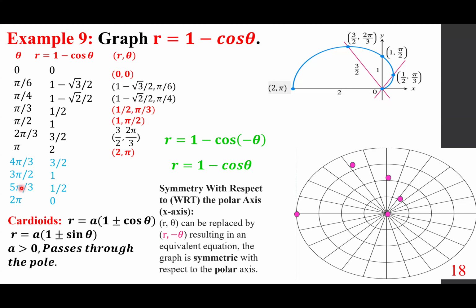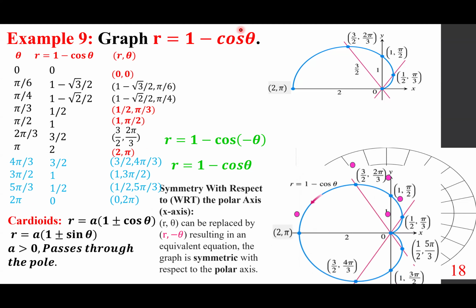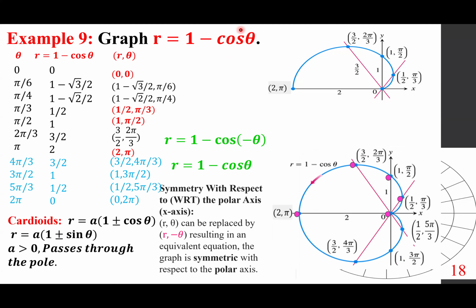So that you have 5 pi over 3 gives you positive 1/2. 1 minus positive 1/2 is 1/2. 2 pi gives you positive 1. 1 minus 1 is 0. So those are the pairs, and this is the complete graph. So just do the same thing at the bottom.